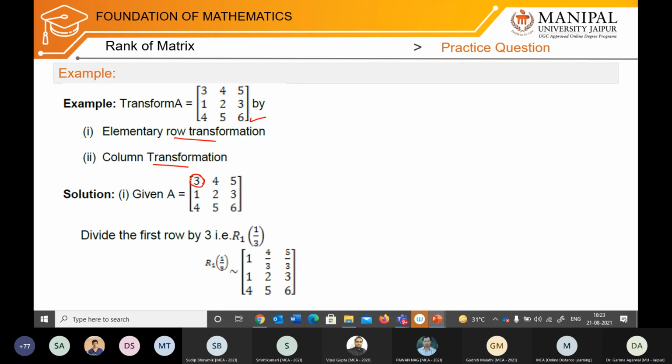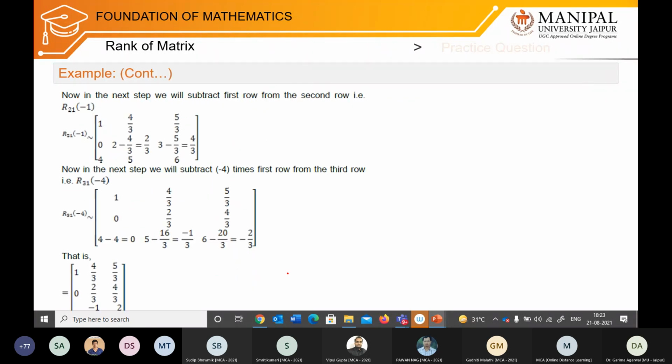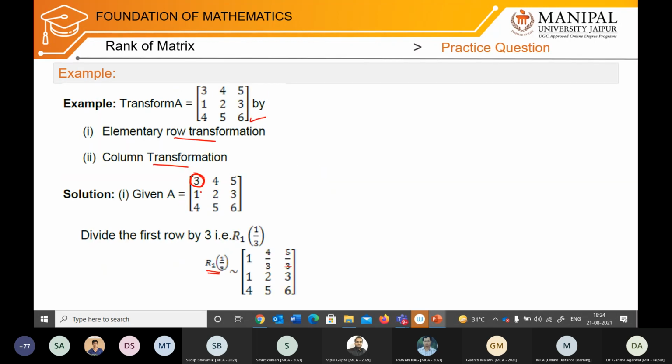Our target is to reduce this element into 1. How can we reduce it into 1? By dividing the first row with this element, right? So we are applying the transformation R1 by 3, meaning we are dividing the first row with 3. The rest of the rows are unchanged.